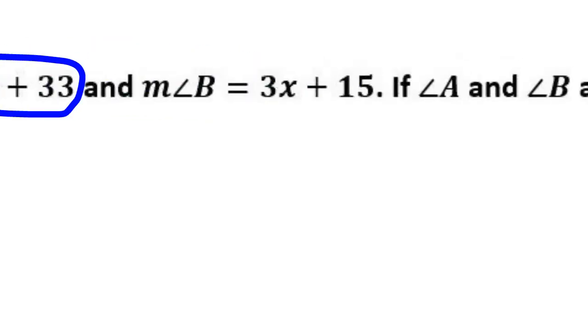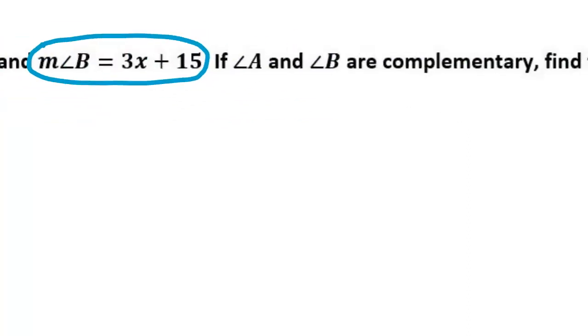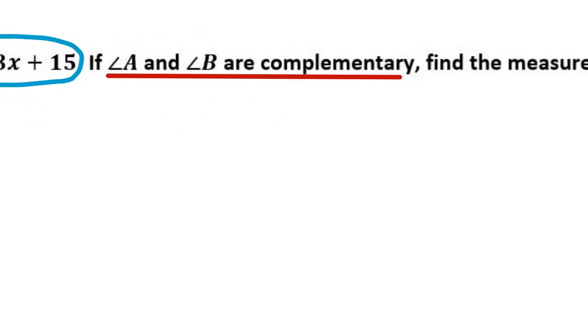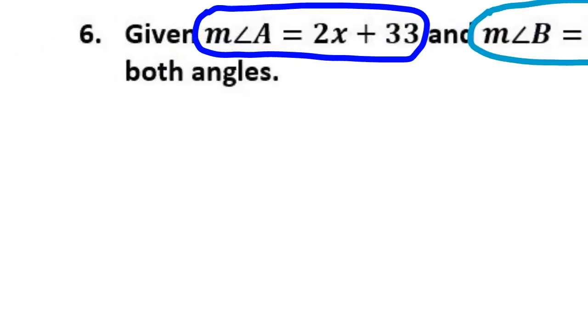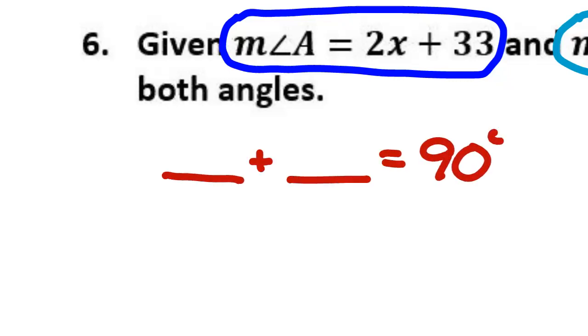And the measure of angle B is 3x plus 15. Then it says angle A and angle B are complementary. What does complementary mean again? Adds to 90. When I see that things are complementary, I know that something plus something else equals 90 degrees.